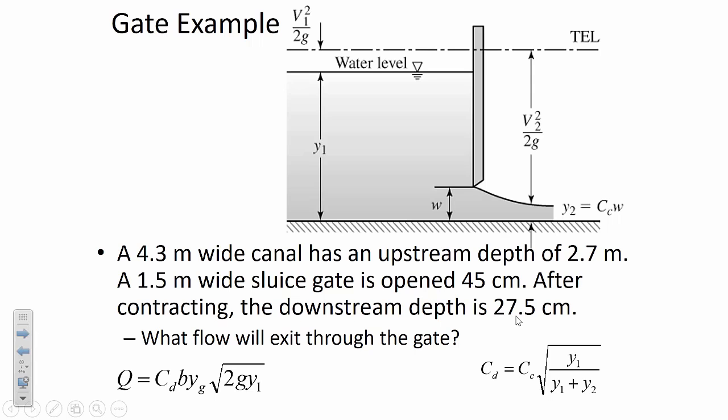So as described, let's calculate what's the flow rate through the gate. Your steps here are to calculate the coefficient of contraction, C sub C, then calculate the coefficient of discharge, C sub D, and finally calculate the flow rate Q.